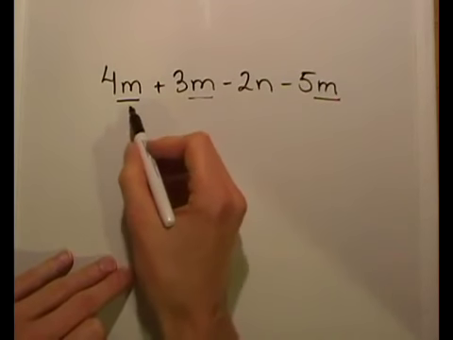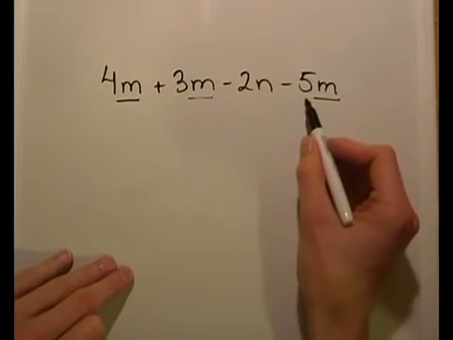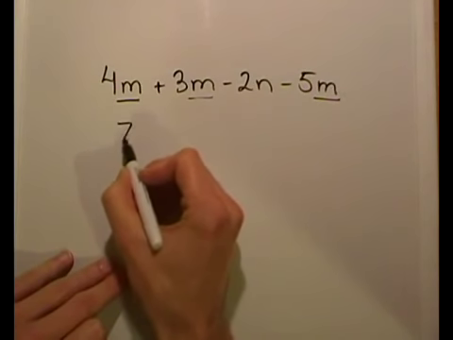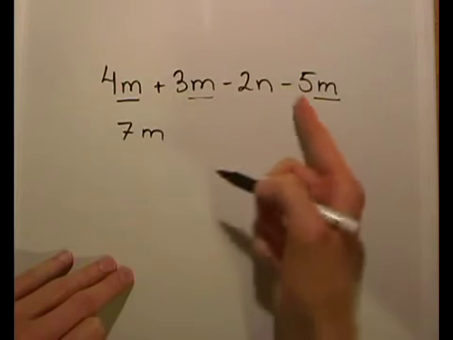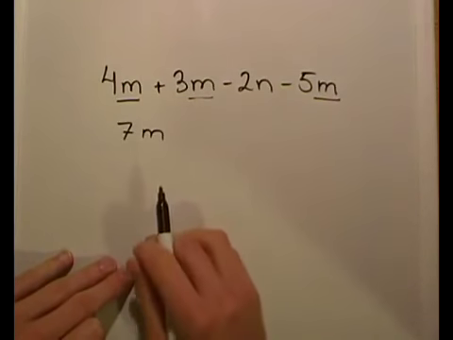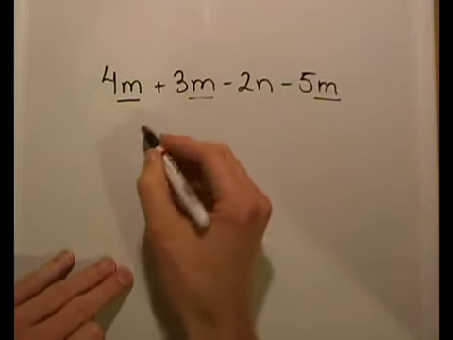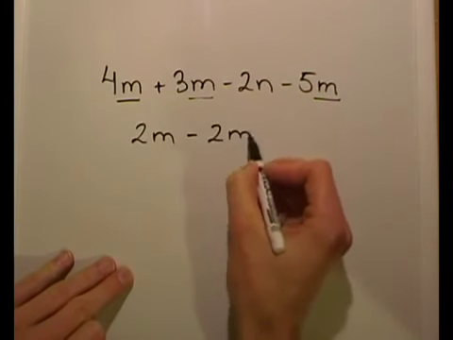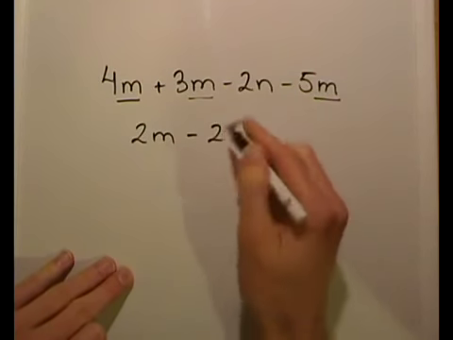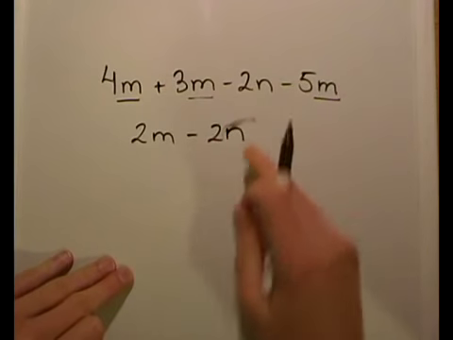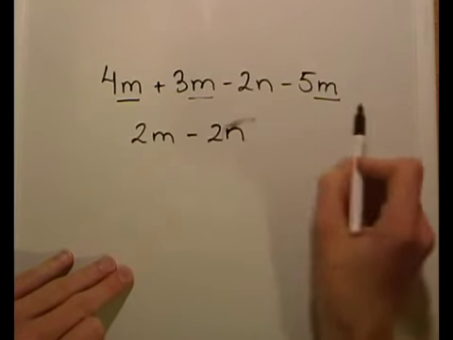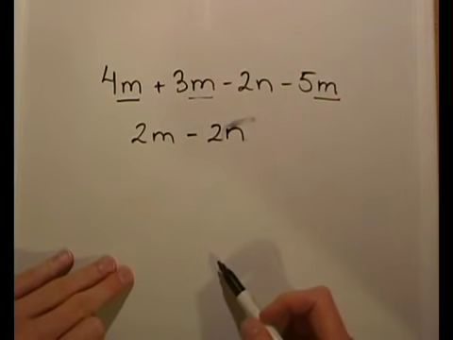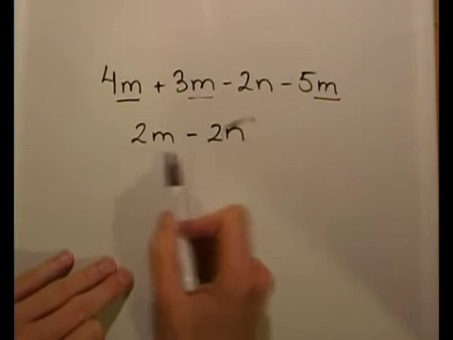So 4 plus 3 minus 5. We have 7m right over here minus 5m, which equals 2m. And then the negative 2n just hangs out over here because there are no other n's in this equation. So this would be your final answer right here.